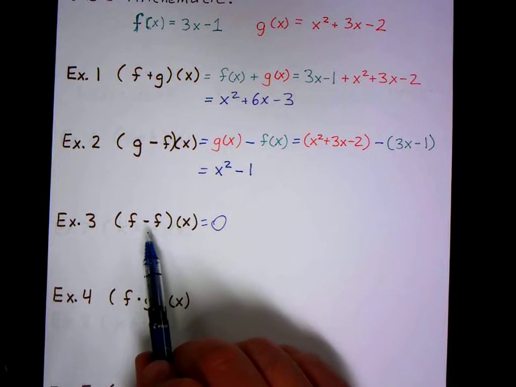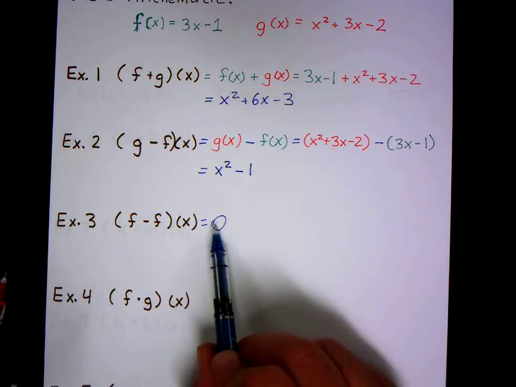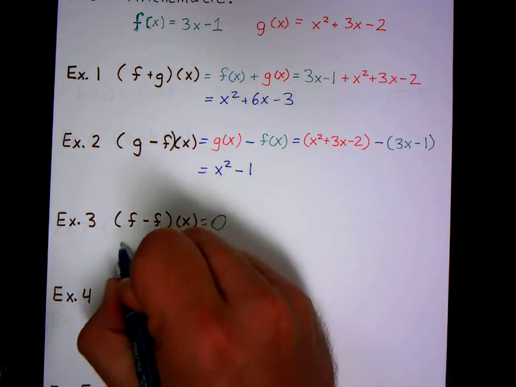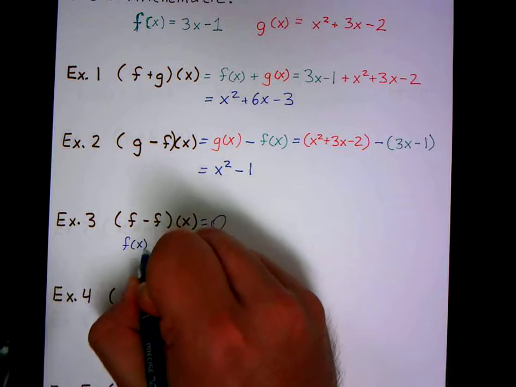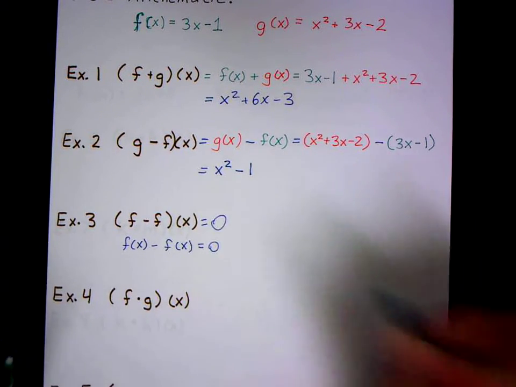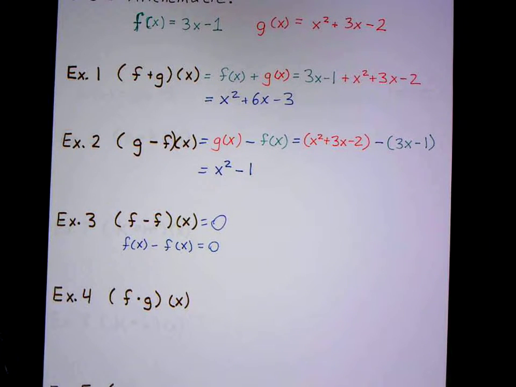I give you these kind of problems so that you can give me an easy answer. Whenever I take something and subtract itself from it, I'm always going to get 0 for an answer. Same thing for division. If I ask you what f divided by f is, what's the answer? 1. So watch for those.